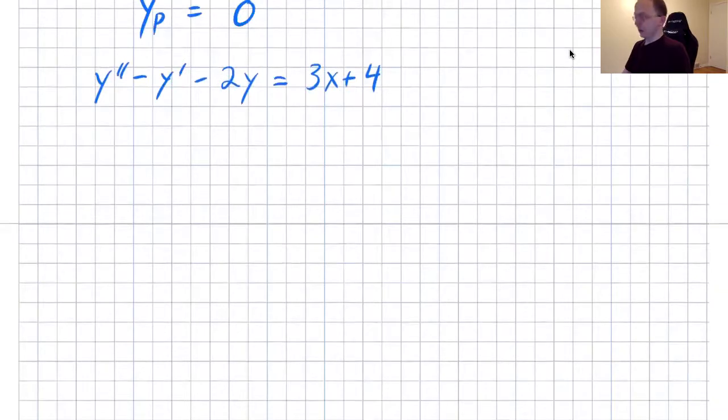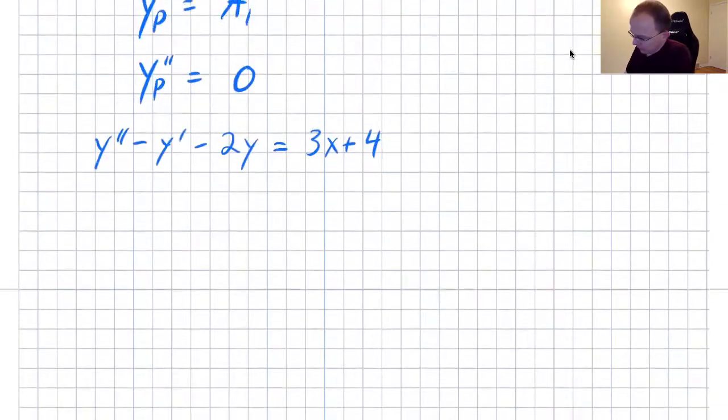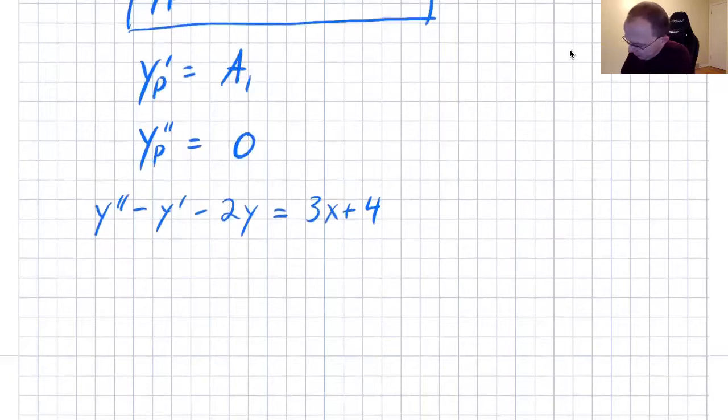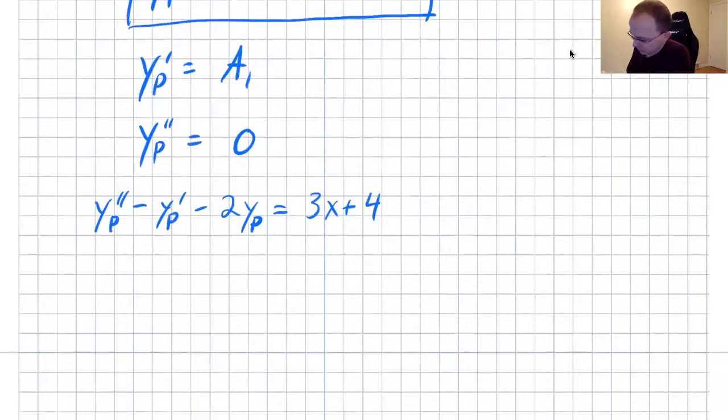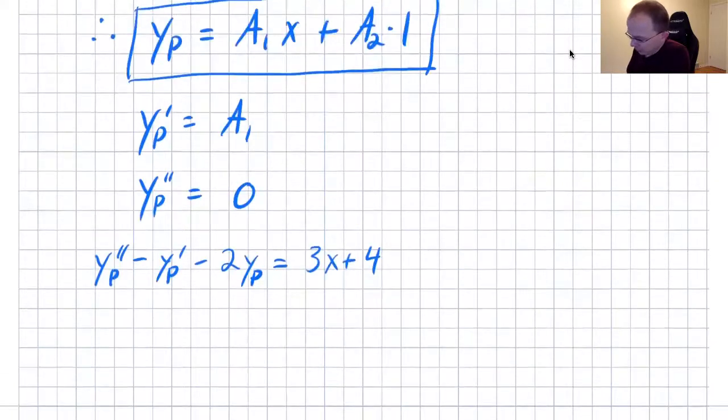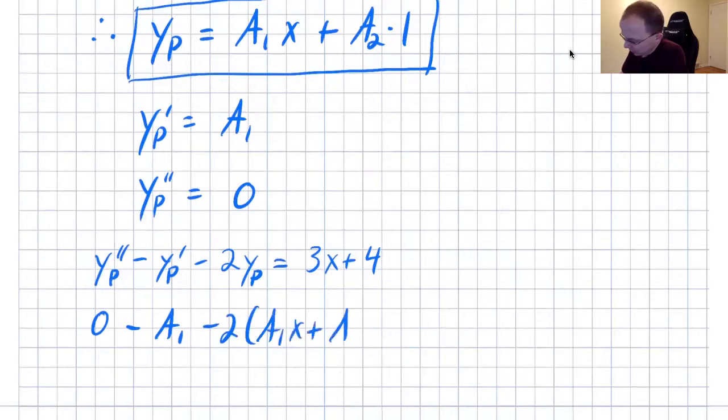All right. So now let's substitute everything in. So remember, we're substituting this particular solution into this differential equation. So y double prime is 0, y prime is a1, and this will be 2 times a1 x plus a2, and that is equal to 3x plus 4.